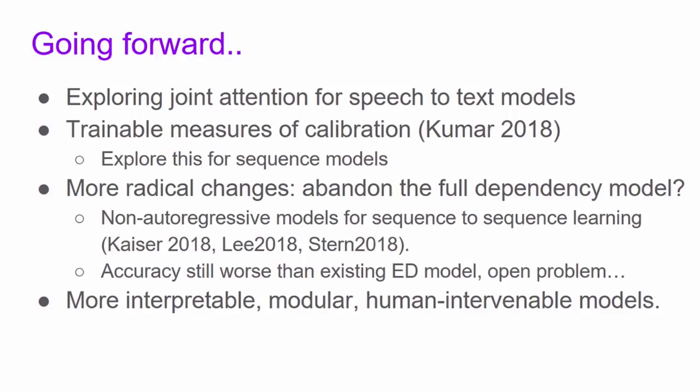So what next? As I mentioned earlier, the next thing that we are excited to explore is the impact of these joint attention models on other domains like speech to text. We had some work in ICML where we tried to propose models which can be trained for better calibration.